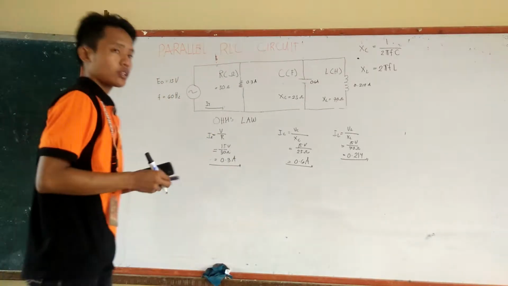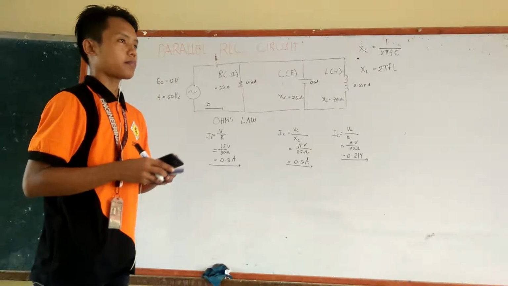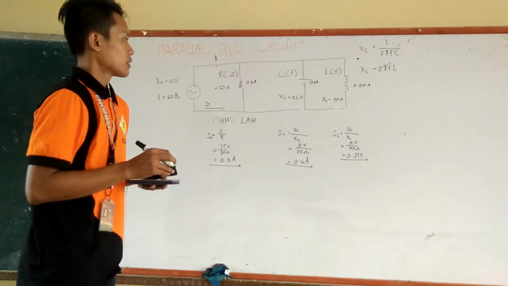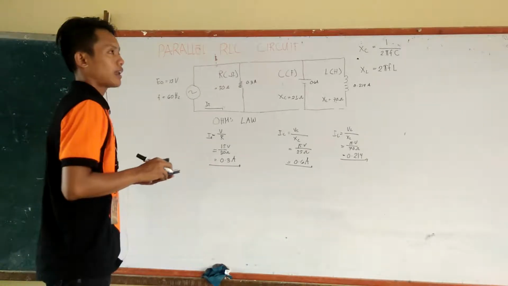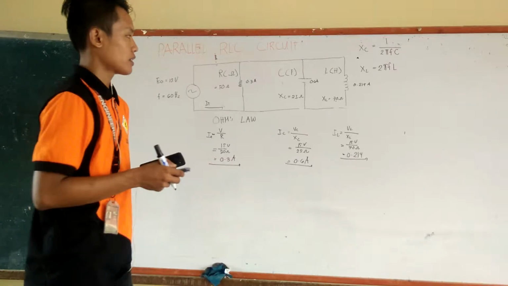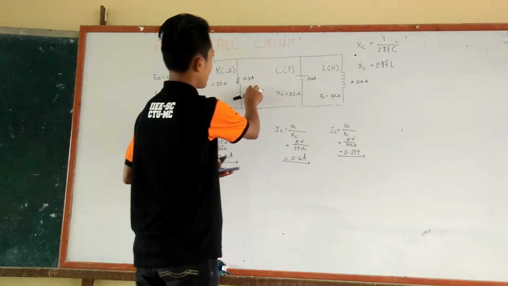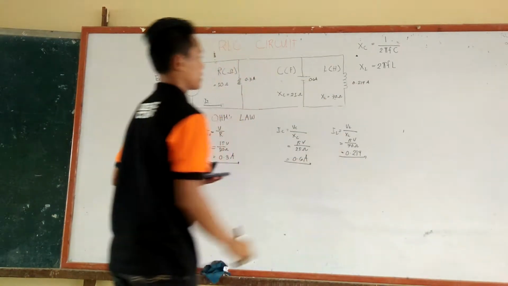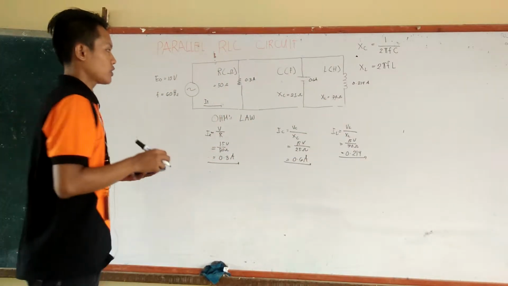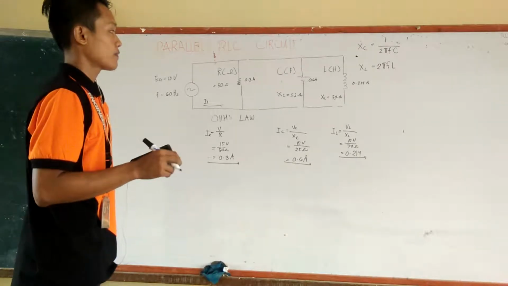In an AC circuit we cannot use an algebraic process to solve the total current, because unlike in DC, where all elements are in phase and you can use an algebraic process, and you can just add the current here, the current here, and the current here, in an AC system you cannot use an algebraic process. You use a vectorial process.